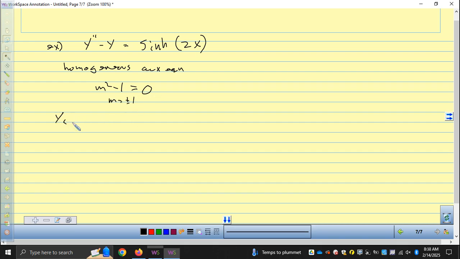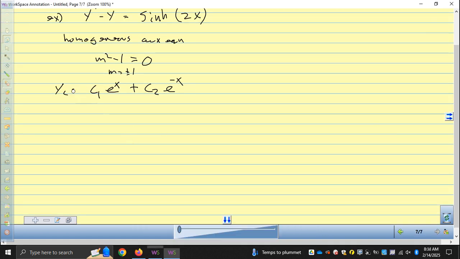So our complementary solution is C1 e to the x plus C2 e to the minus x. This is a hyperbolic sine function. We have an e to the x plus e to the minus x. Keep that in the back of your head.